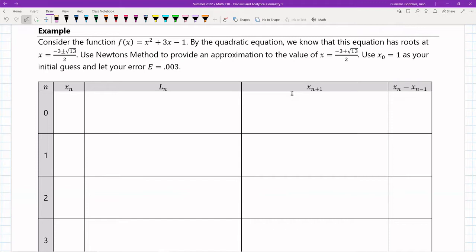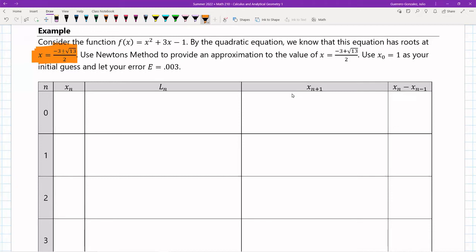So this example is going to be, we're going to consider this function, f of x is equal to x squared plus 3x minus 1. If you run this through the quadratic equation, we know that this thing has roots here and here, the plus and the minus of that thing. So if you want to go ahead and crank out the quadratic formula for this, that's some pretty good pre-calculus review. But that's the roots.